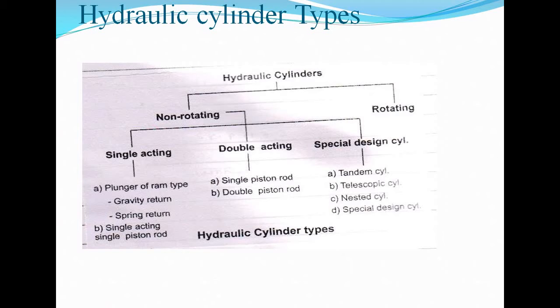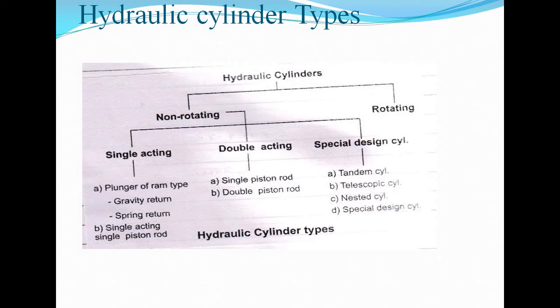Now the next part is hydraulic cylinder types, how hydraulic cylinders are classified. You can see here it is divided into two types. First is non-rotating and another is rotating. Under non-rotating there are three types. First is single acting, second is double acting, and third is special design cylinder.